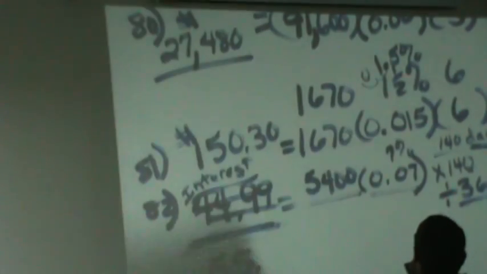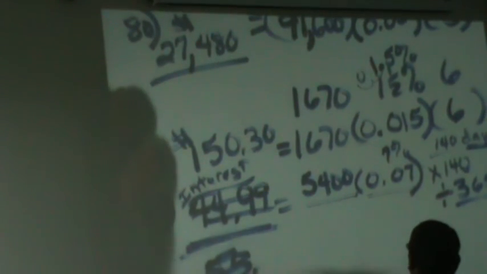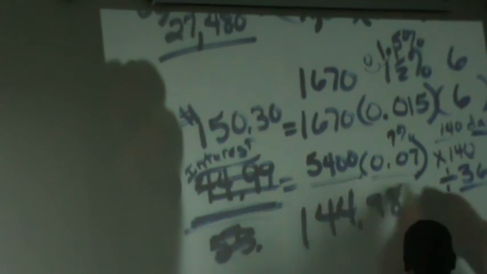I got 144. 5,400, I don't know if you can see this, but I'm doing it. Times 0.07 times 140 divided by 365. 144.9863.